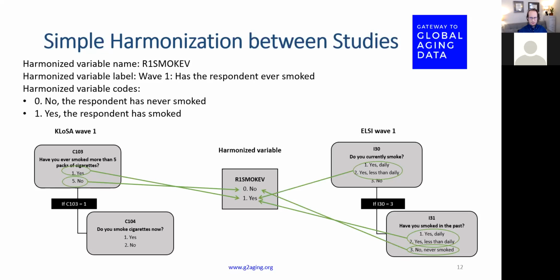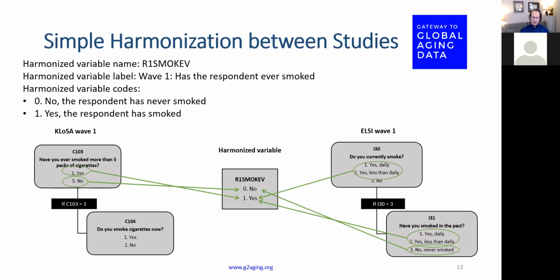So we know that if someone smokes currently, then we know they have smoked, right? If they have ever smoked. So those people who have 1s and 2s for the first question get coded as a 1 in our harmonized variable. And for that second question, people who don't currently smoke, if they said that they've ever smoked, whether daily or less than daily, it would be, we think, comparable to people who said that they had smoked more than 5 packs of cigarettes inside of KLOSA.